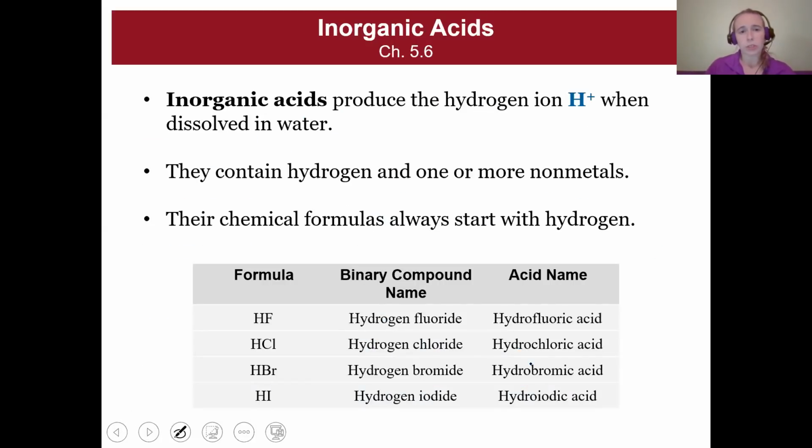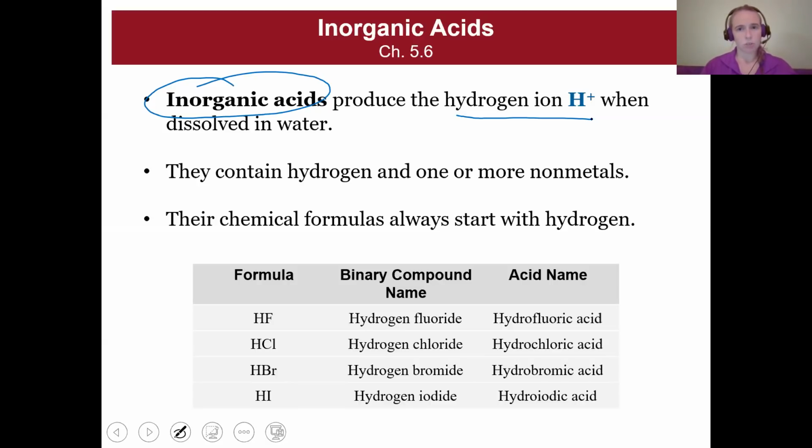So one other distinction that your textbook makes with hydrogen-based molecules is inorganic acids. So an acid, the definition of an acid, there's a few different definitions, but one of the most common definitions is that an acid produces the hydrogen ion when it's dissolved in water. So you dissolve the acid in water and you get an ionizable hydrogen.